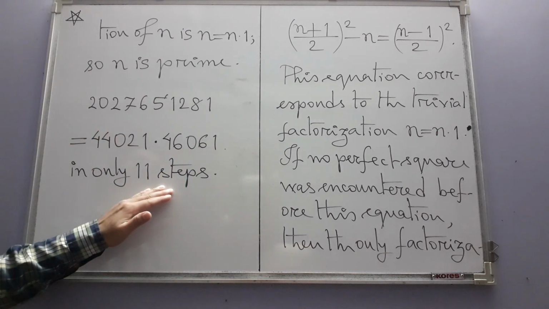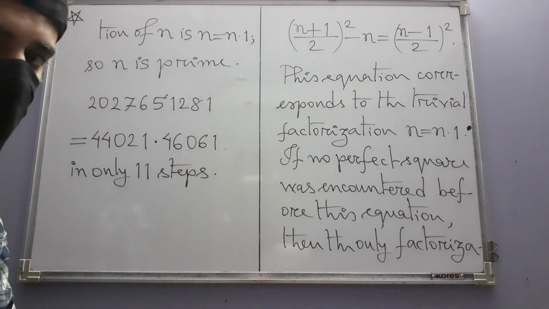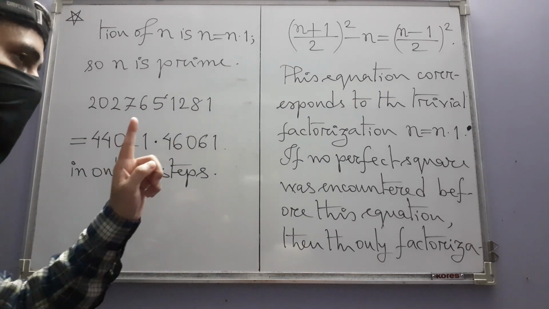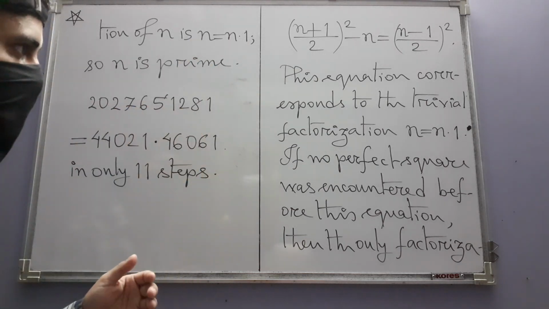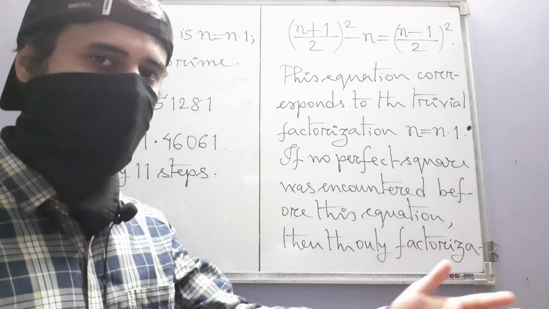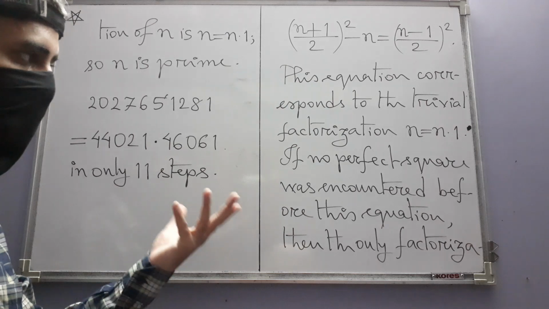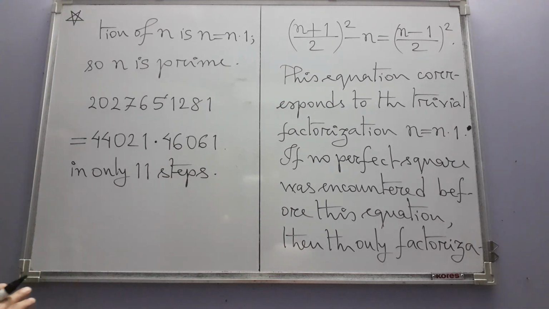Now imagine trying to find such factors of this number by using that square root method. How large this number is, and you also will have to know all the primes that go up to the square root of this number. That itself is a heavy task, right? You need a knowledge of those primes.